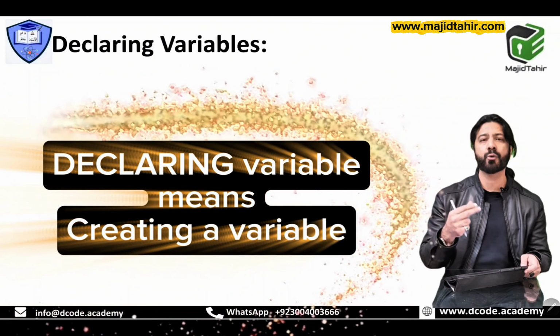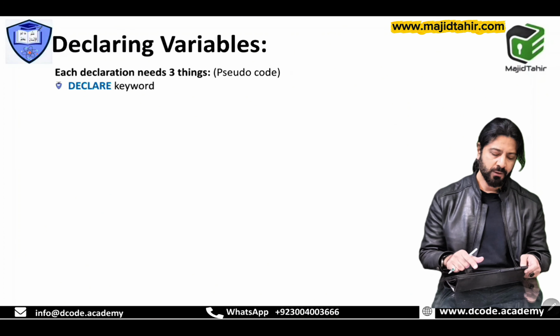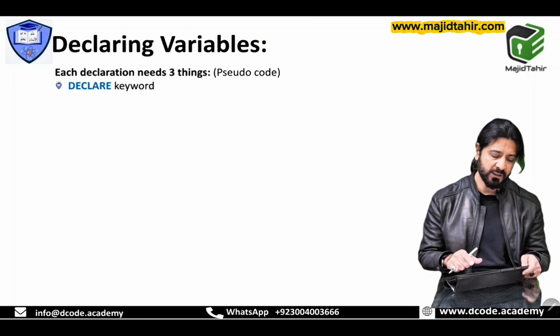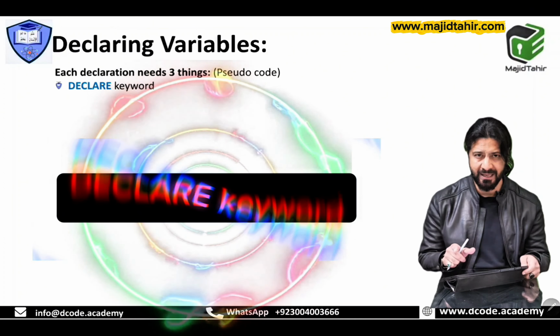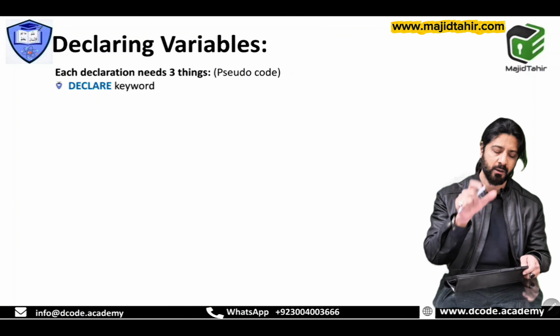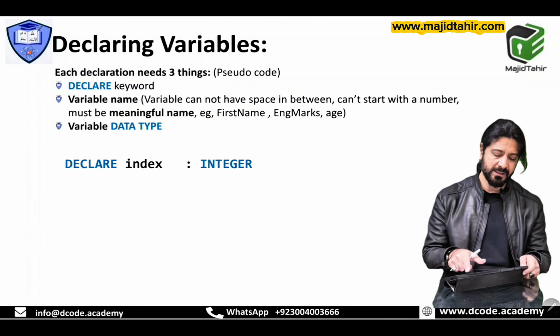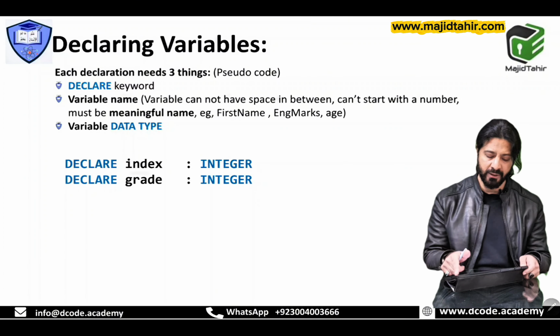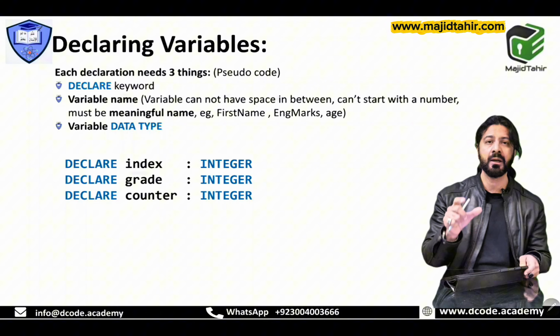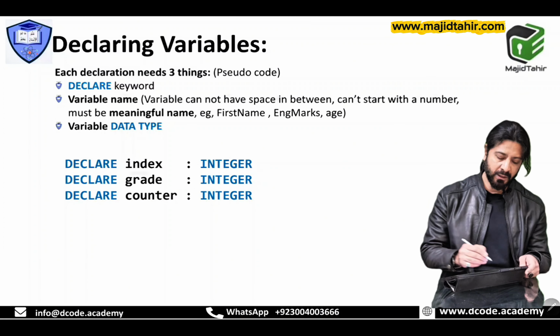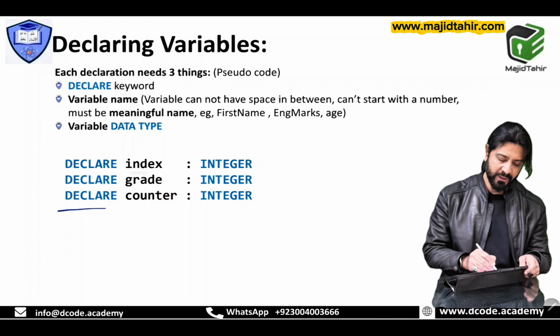Declaring variables means that we are creating a variable. When we're creating a variable, the first keyword that we use is the declare keyword, which tells the computer that we are creating a variable. Then the variable name is going to come, and then the variable's data type. Now, declare index colon integer, declare grade colon integer, declare counter colon integer. Declare is the keyword that tells you that you're creating a variable.